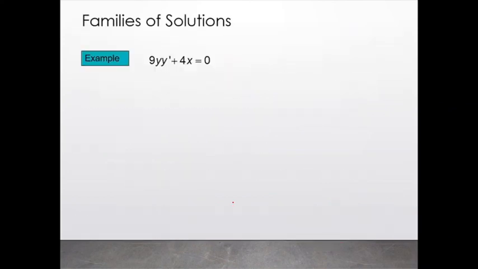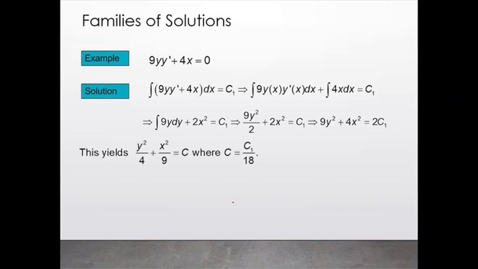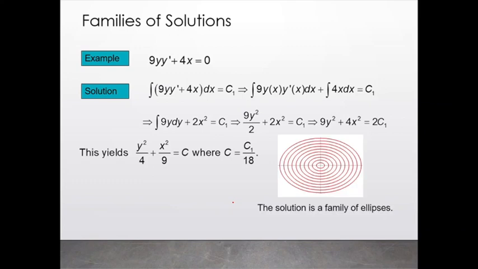Okay, so we have families of solutions. It's just an example of a differential equation and its solution. This is the differential equation, and then this is its solution, where the solution is a family of ellipses.